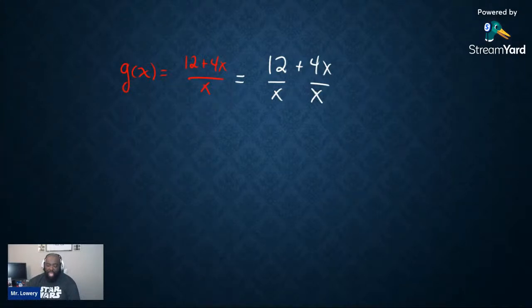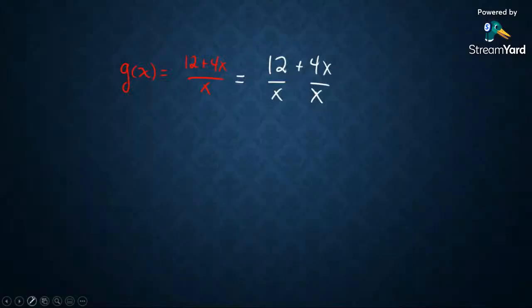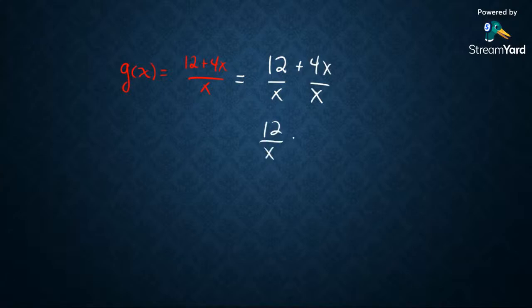Now, with that being the case, we can do some reducing. 12 over x is just going to be 12 over x. There's no ifs, ands, or buts about that. But for 4x over x, we can divide off the x, and we're just left with a 4.